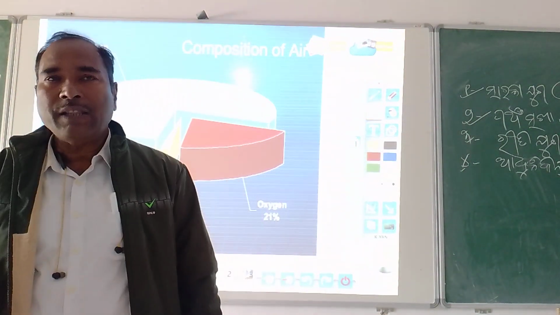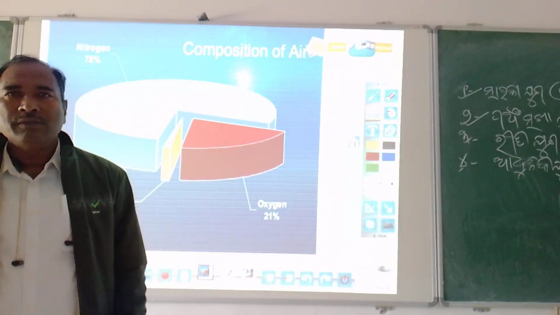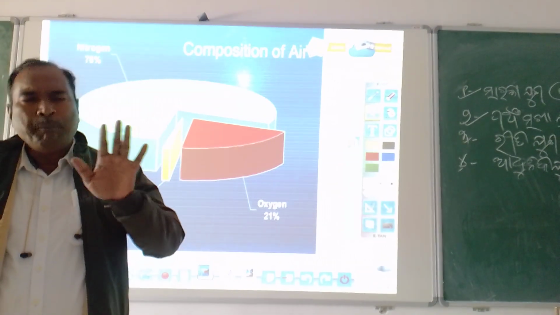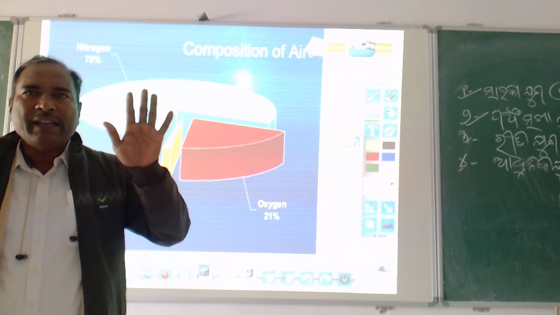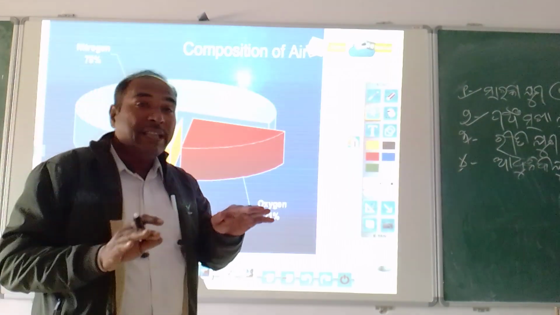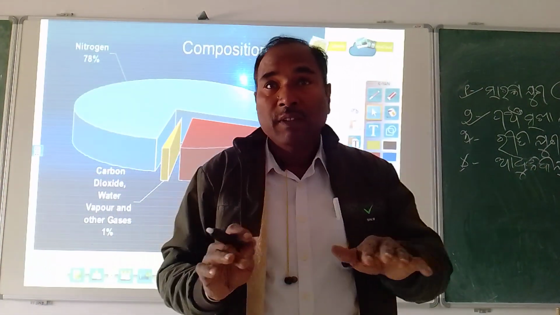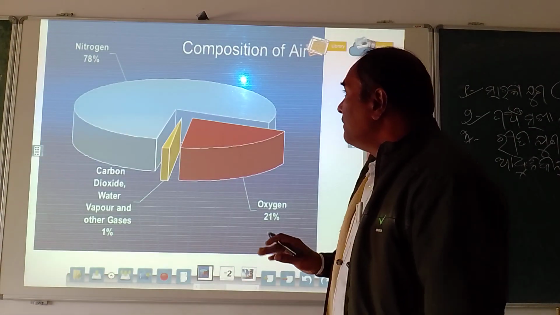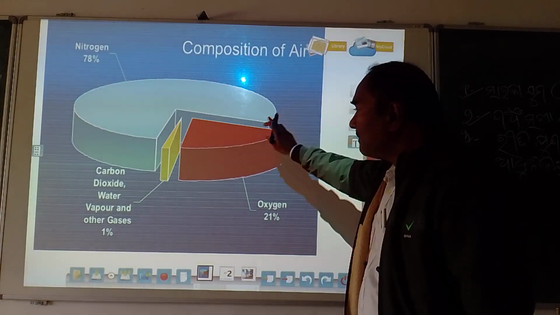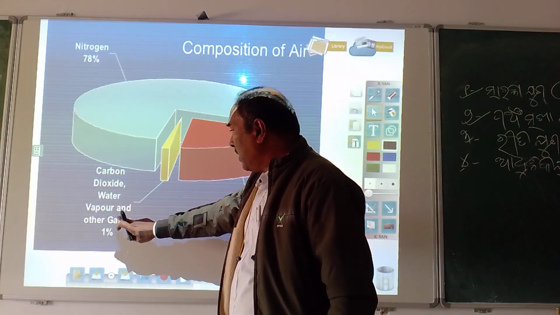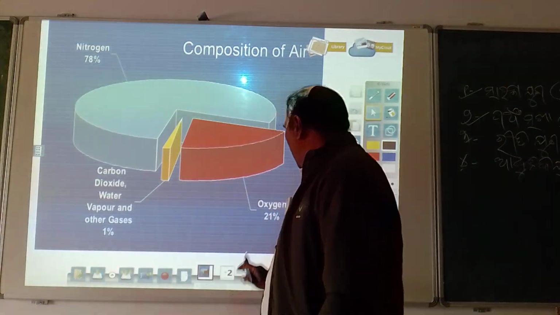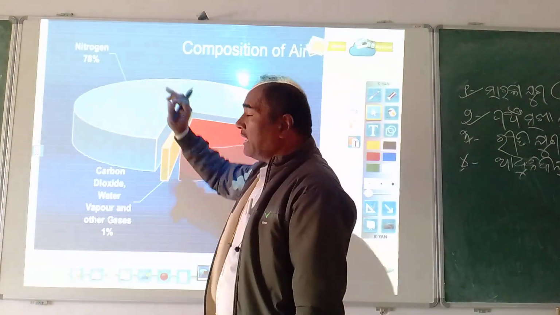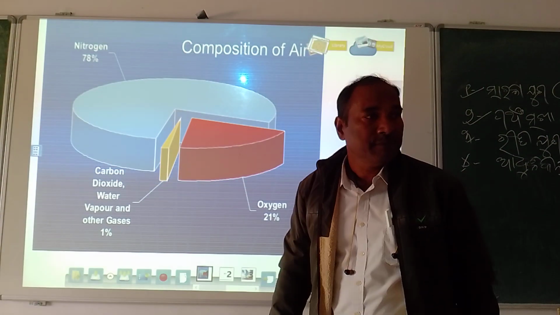Now in our earth, different types of gases are mixed with the hidden minerals. The air contains different compositions: carbon dioxide, water vapor, other gases, oxygen, nitrogen, and many more.